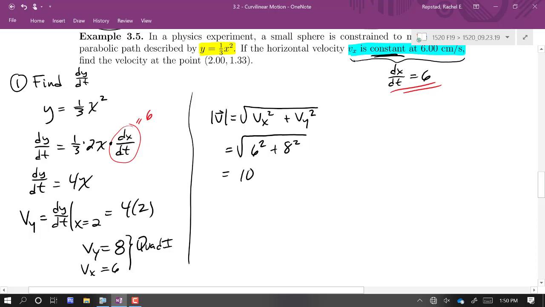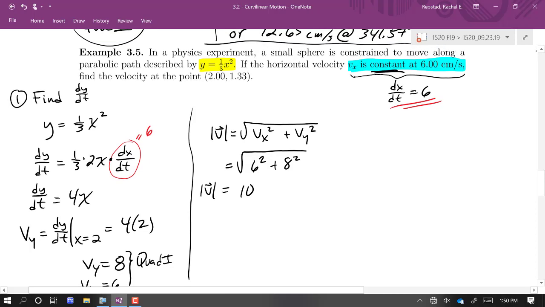It's 10. What are the units on this magnitude? Yeah, it's going to inherit the same units that they used here to give us Vx.